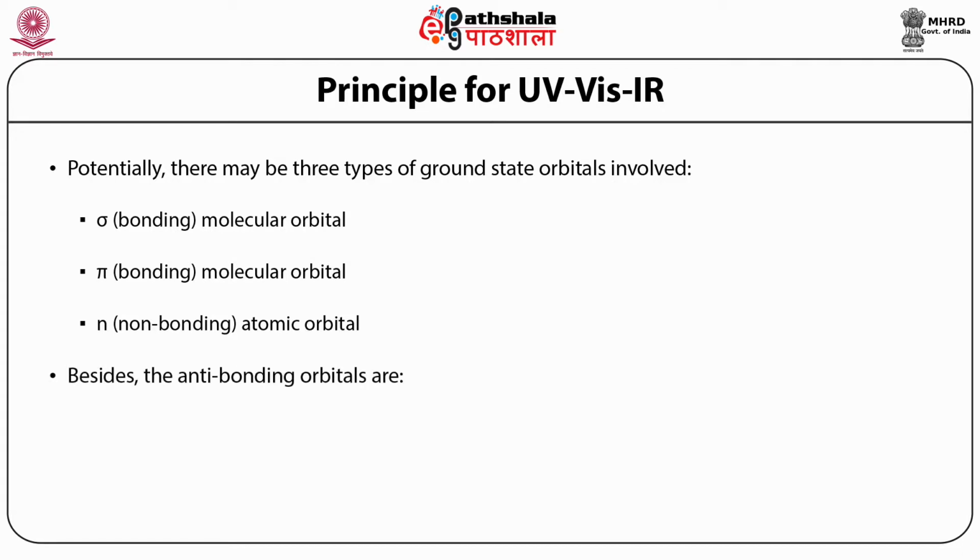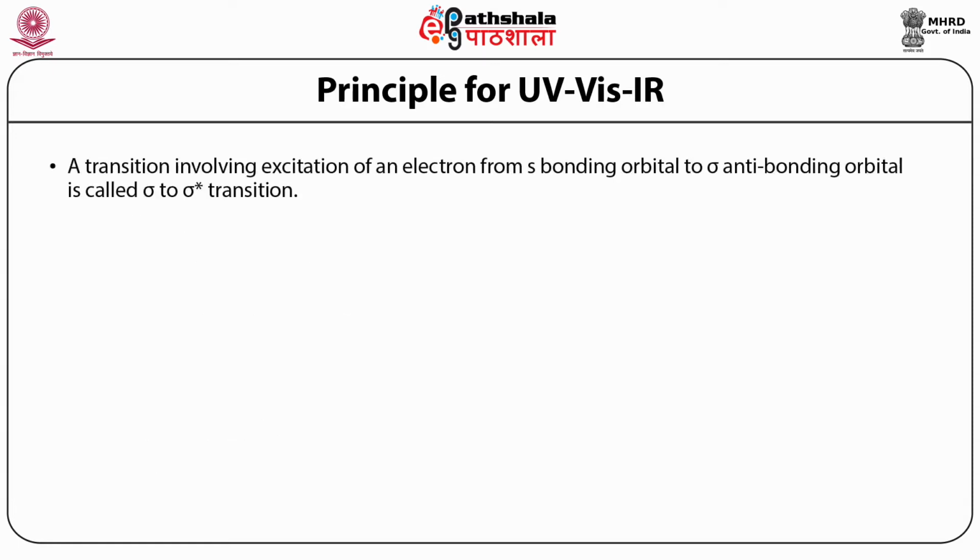Besides, the anti-bonding orbitals are sigma star orbital and pi star orbital. So a transition involving the excitation of an electron from a sigma bonding orbital to a sigma anti-bonding orbital is called a sigma to sigma star transition.